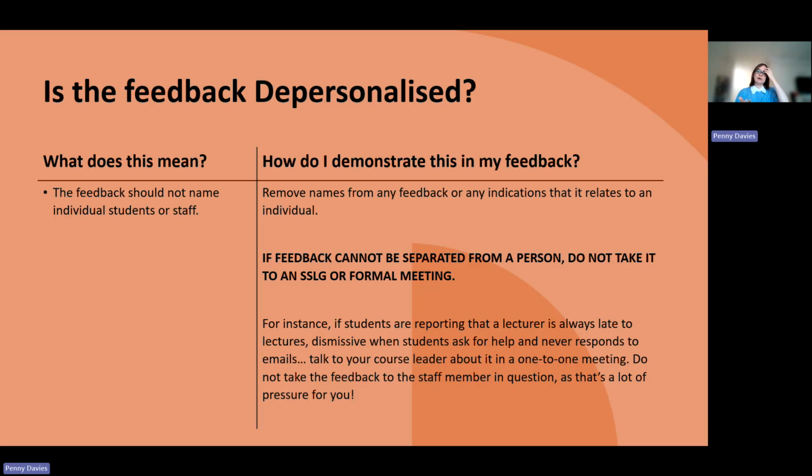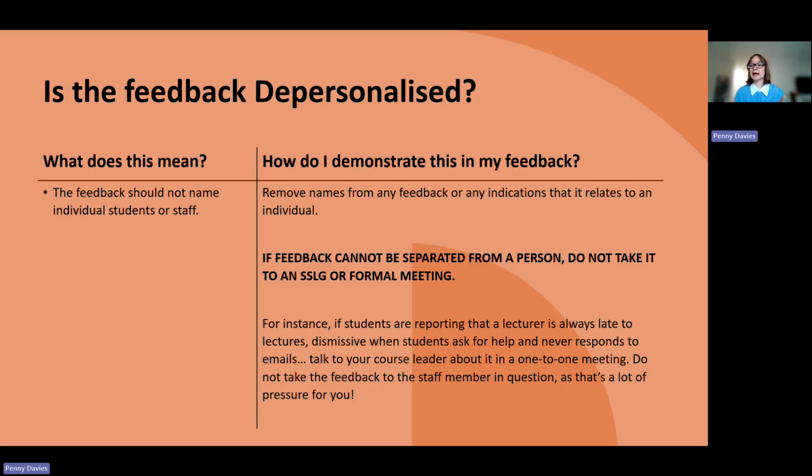So in this example, if students are saying that a lecturer is always late to lectures, they're dismissive when students ask for help, and they never respond to emails, that is about a specific person's conduct. You can't separate it from that person. So you can talk to your course leader or your program lead privately about it in a one-to-one meeting and come up with a solution there.